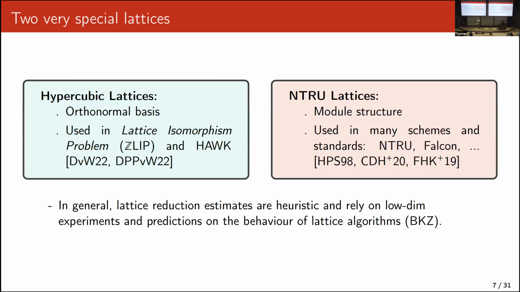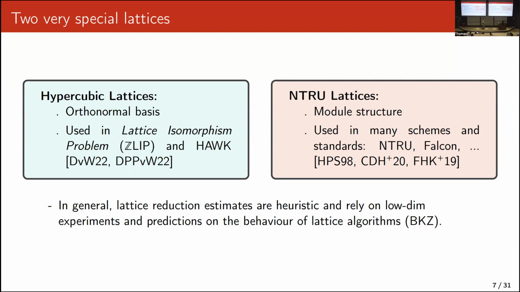All right, so I'm going to consider two families of lattices. The first one is the hypercubic lattices, so the integer lattice and rotations thereof. These are used in the lattice isomorphism problem, which itself is used to build the Hawk signature scheme. On the other side, I'm going to consider NTRU lattices, which were introduced more than 25 years ago.